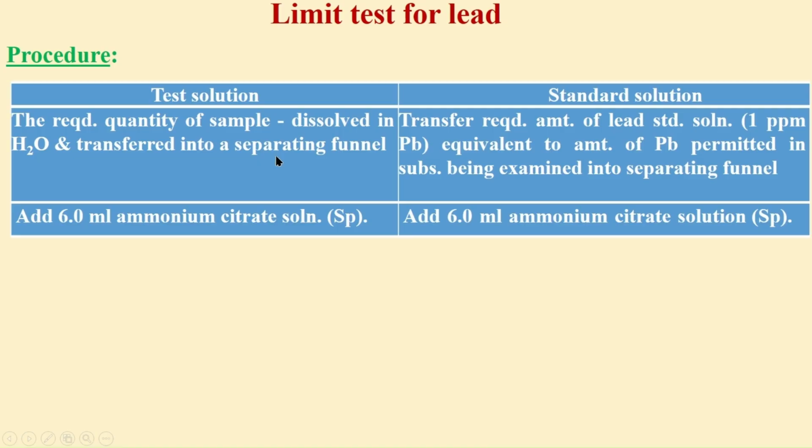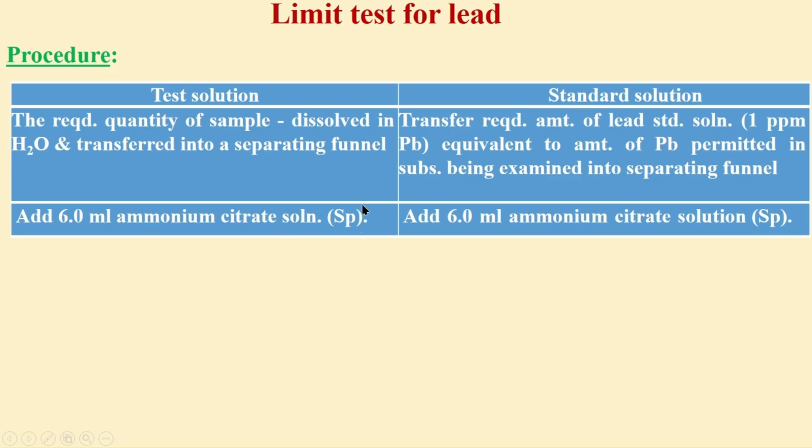To this test solution and standard solution, we add 6 ml of ammonium citrate solution, which is specially prepared for carrying out the limit test for lead, in both the test and standard solution. The ammonium citrate which we use may also contain lead, and the lead present in it should be removed.